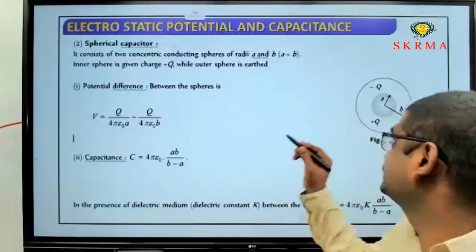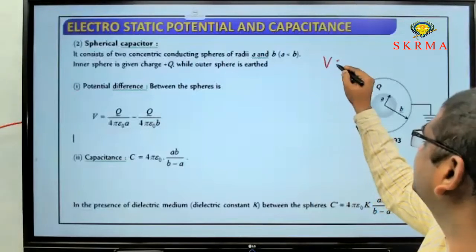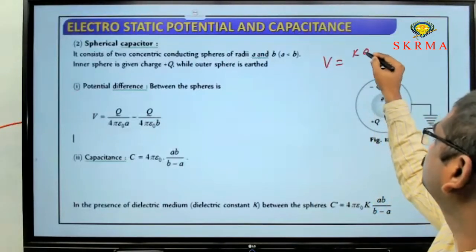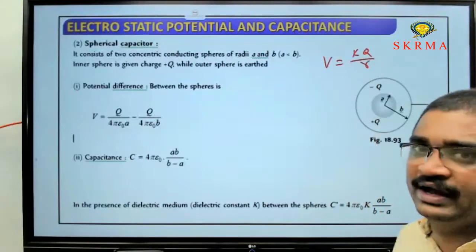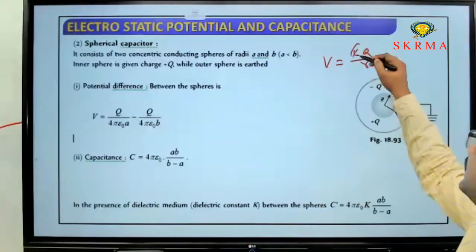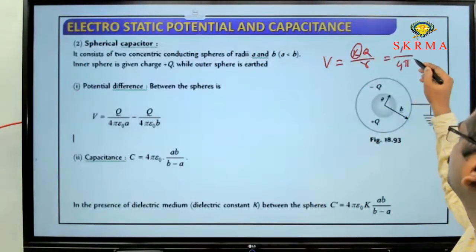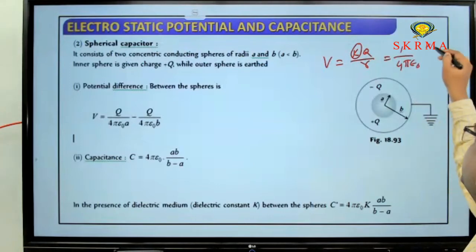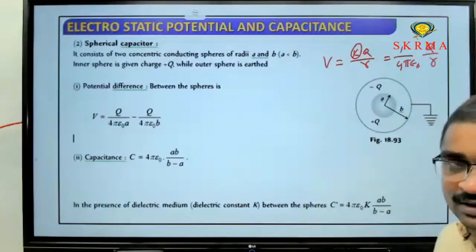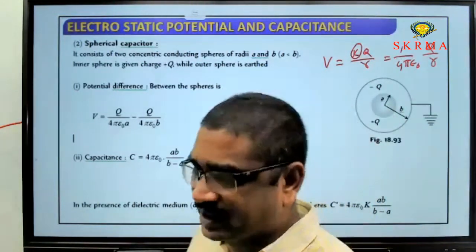The general formula for potential is V equal to K Q by R, where K is nothing but 1 by 4 pi epsilon naught. So that is the basic formula for potential.